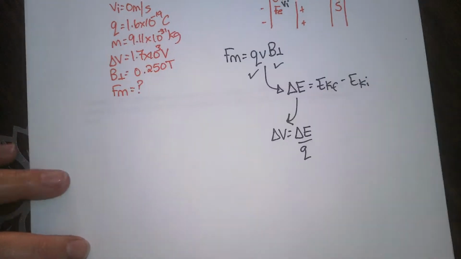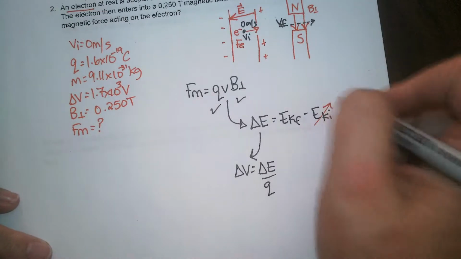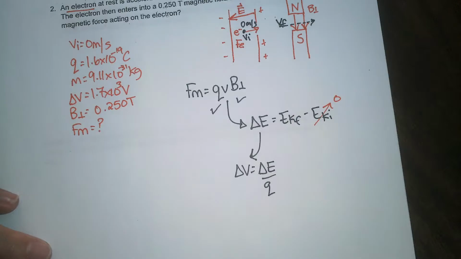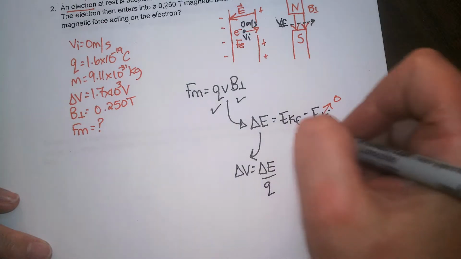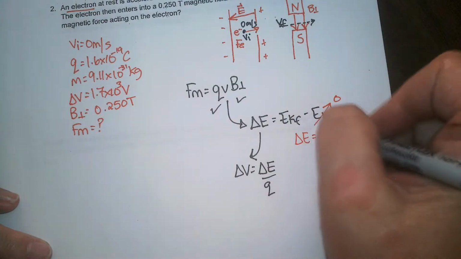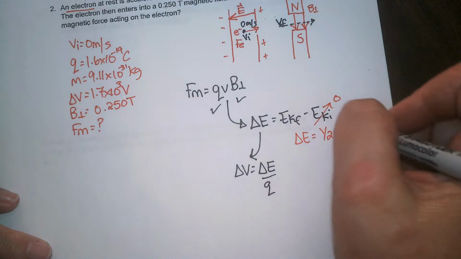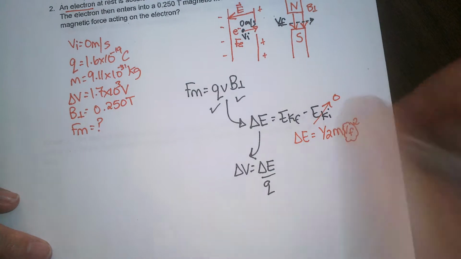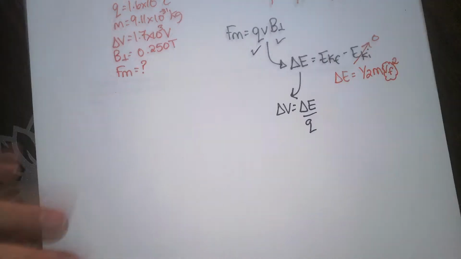This piece here, we know that the initial velocity is 0, so we're not going to have EKI. So delta E is going to be equal to 1/2 mvf squared. And this piece here is what we're looking for, that VF. That's what we want out of these couple of equations.